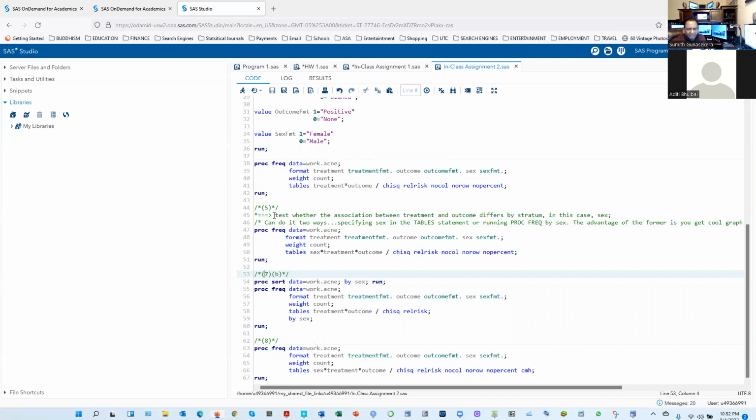Number 5: create 2 frequency tables controlled by sex, and test whether the association between the treatment and outcome differs by sex. That means by gender.